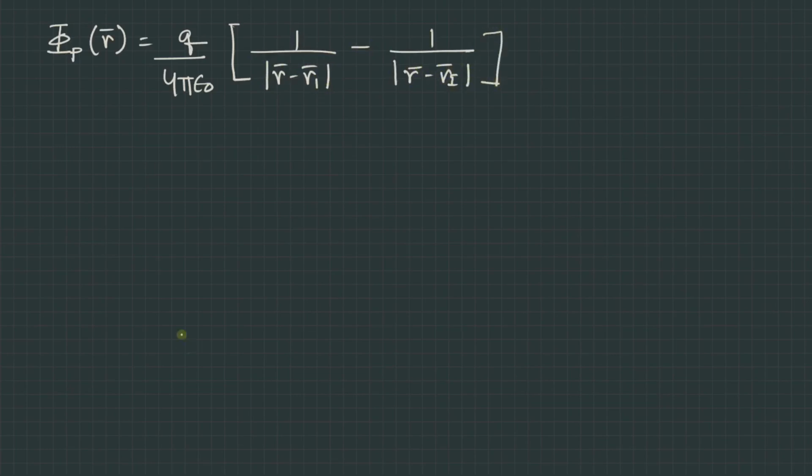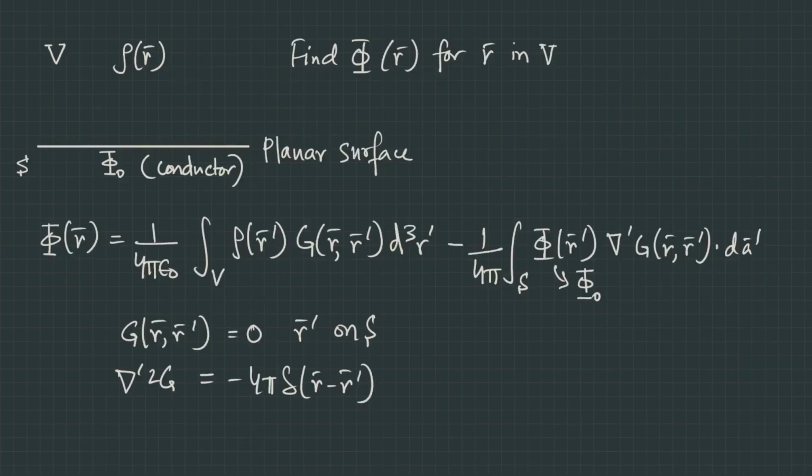Alright, and this potential was 0 for r on S. Now our Green's function has to be 0 for r dash on S.